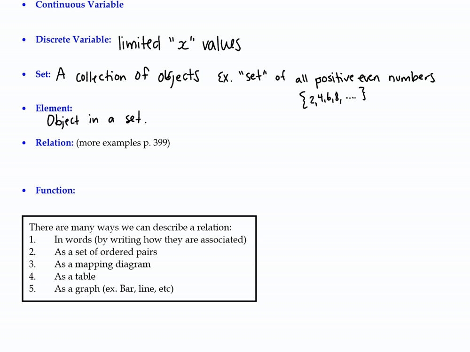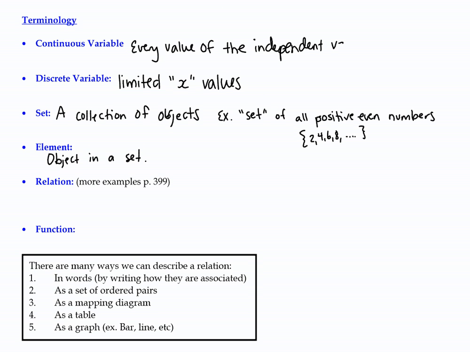The actual definition of a continuous function is one that you can draw without lifting your pencil. Like that's actually the definition. You can draw it without lifting your pencil. Okay, so every value of the independent variable, which is x, can exist.